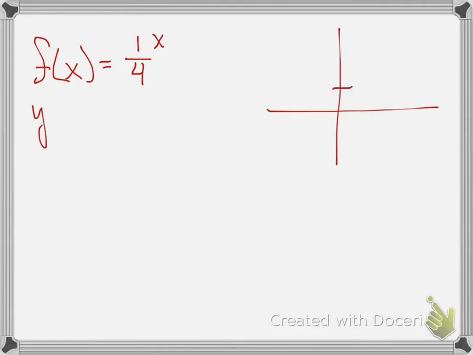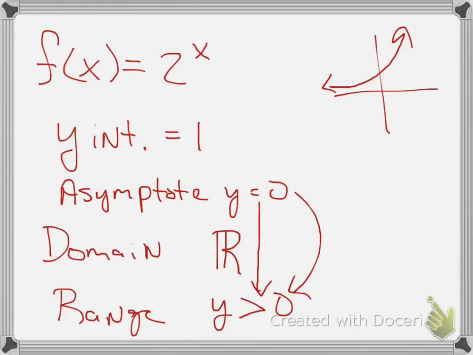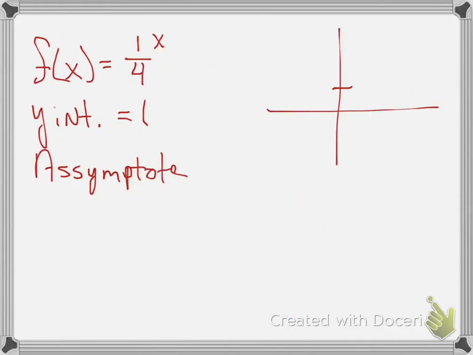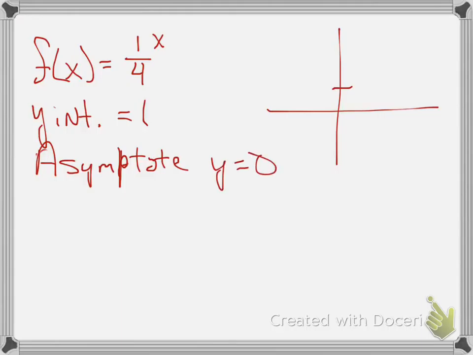So the y-intercept will still be at 1 because there's no change in my y-intercept there. It's going to be the asymptote. Did I spell that right? I don't remember. Hold up. Let's try that again. Okay, the asymptote would be y is still equal to 0.